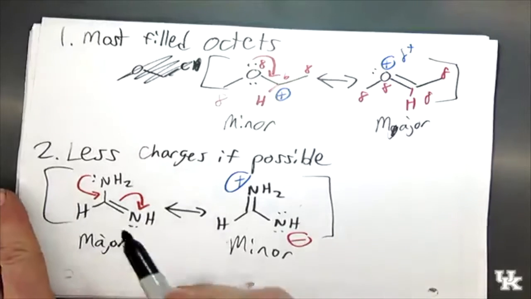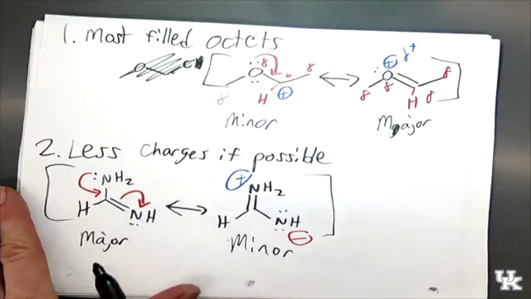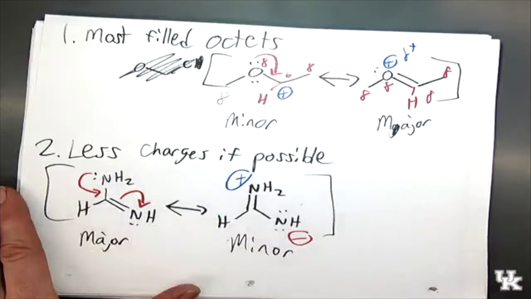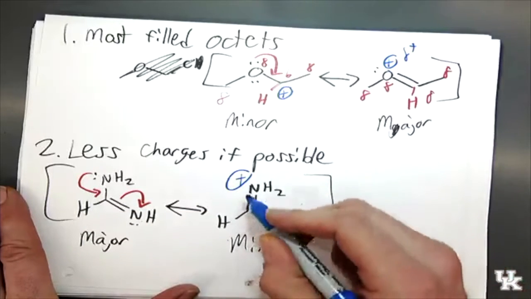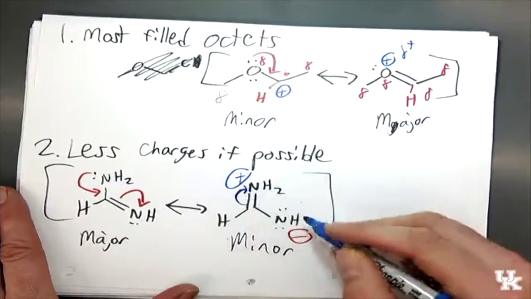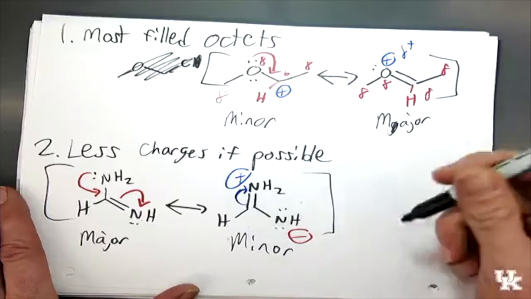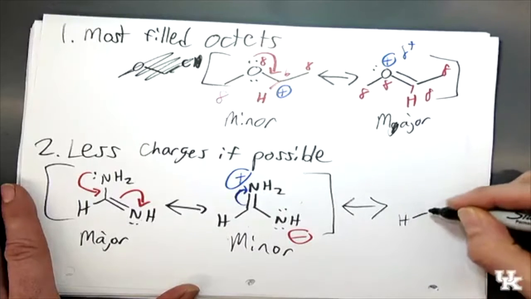And the reason why is because we were very excited to do these two together. If we did one and then the other, we would have seen it. Had we taken this bond, kept it up there, we would have seen a structure that looks like this.